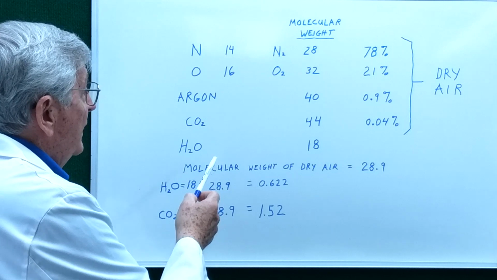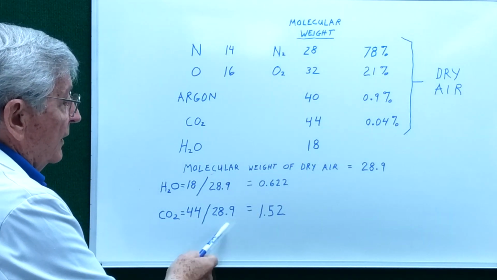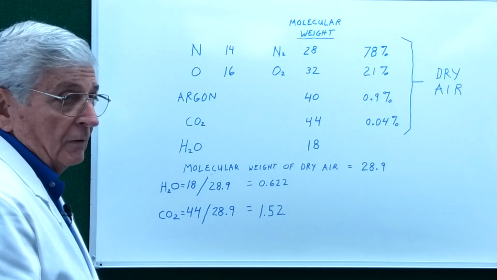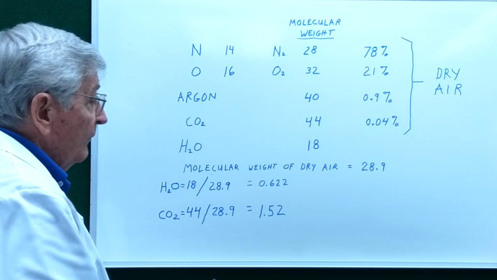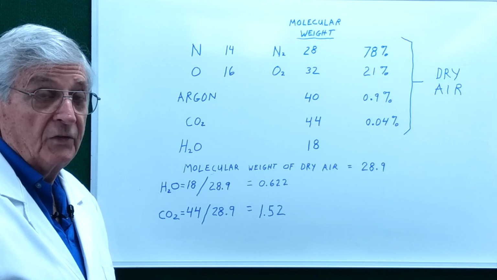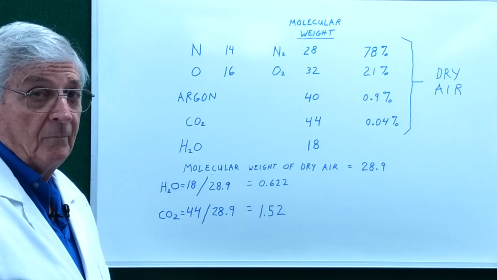Now, if we do the same thing for CO2, we find that CO2 is 1.5 times heavier than air. So this plays an important role in some of the things that water vapor will do.